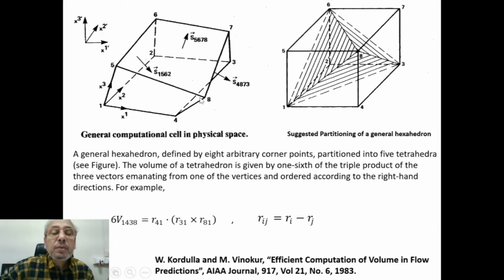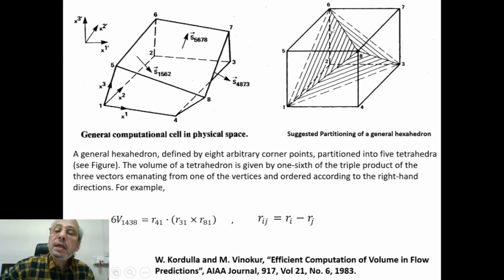Now this hexahedron can be divided into 5 tetrahedrons, right? Five tetrahedra, and we can calculate the volume of each tetrahedron.